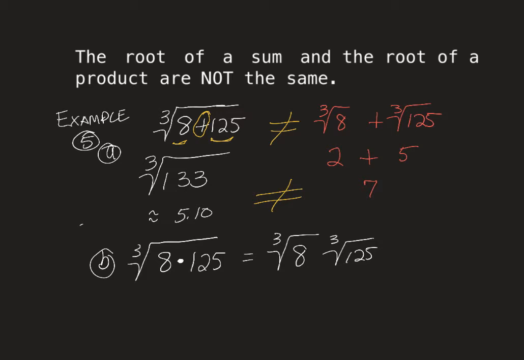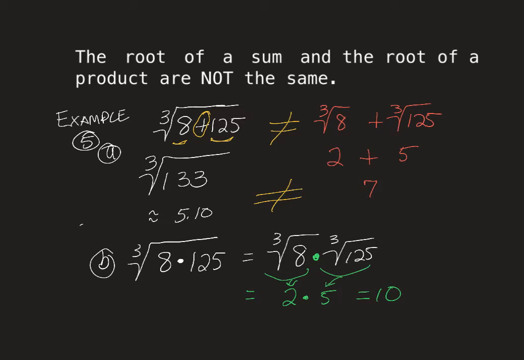Actually, I'm not going to use red for this. I'm going to use green. Okay? So if we take the cubed root of 8, which is 2, and the cubed root of 125, which is 5, and this is an understood multiplication between them, then we get 10.